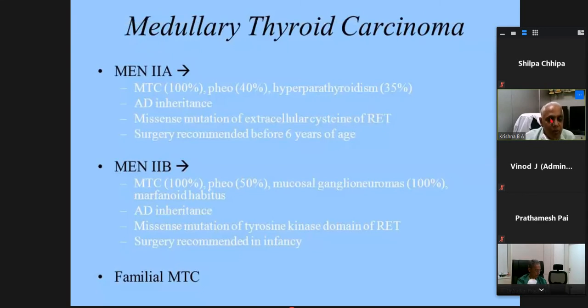In MEN2B, where MTC is 100%, pheo is 50, and ganglioneuromas are 100%, surgery is recommended in infancy, which is a very, very difficult scenario, but this is a definite recommendation which is existing even today. In my own experience, in 2 patients, when I was at the RMC, we tried, but the family could never accept that ghastly surgical approach at that young infant level.